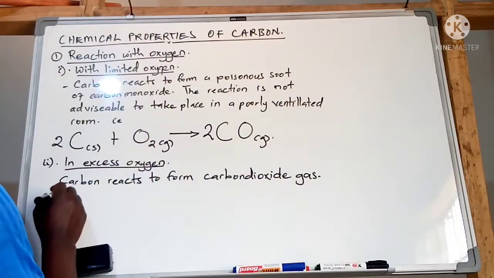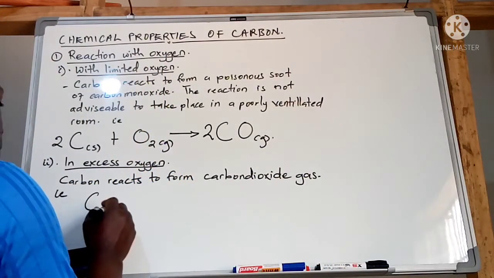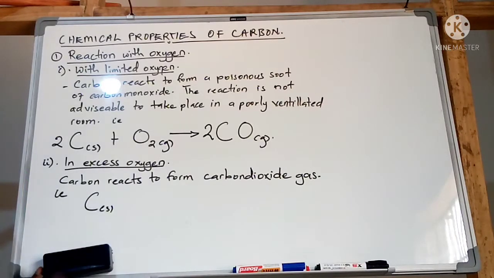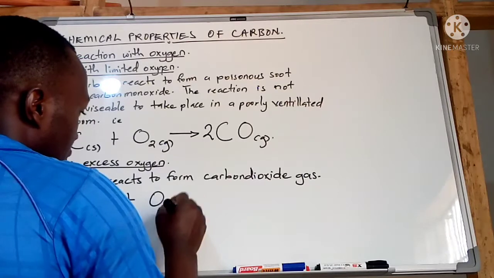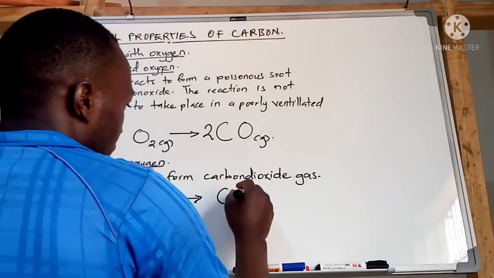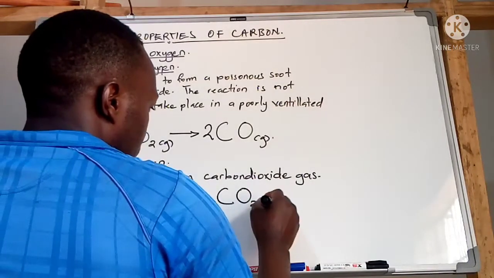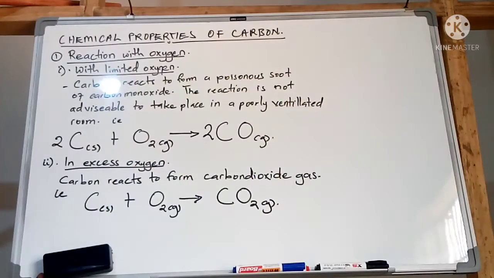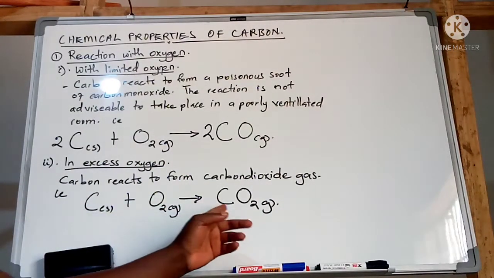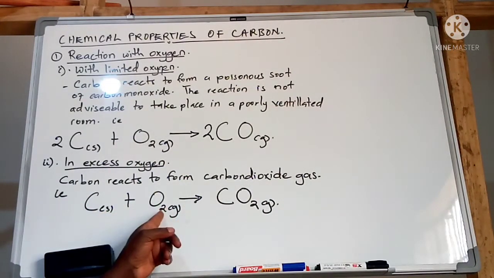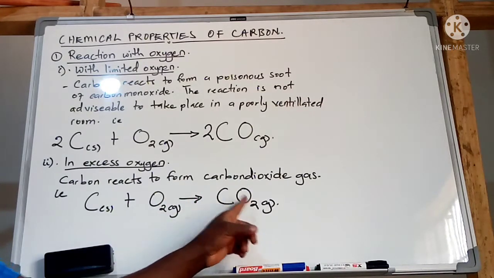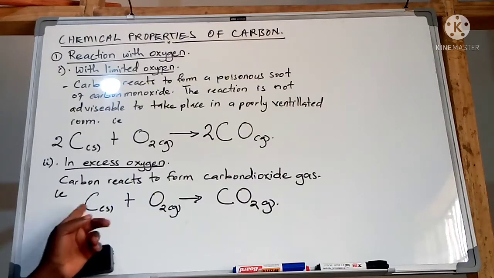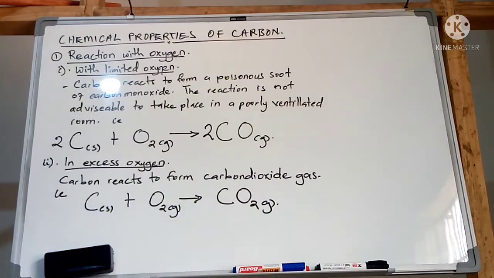This equation is carbon, represented by capital C, reacting with oxygen to form carbon dioxide gas. When you check the equation, it balances because there are 2 atoms of oxygen here, and even here we have 2 atoms of oxygen and 1 atom of carbon. Likewise, on the other side we have 1 atom of carbon.